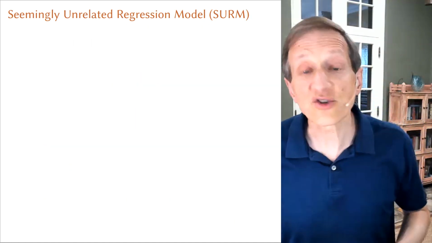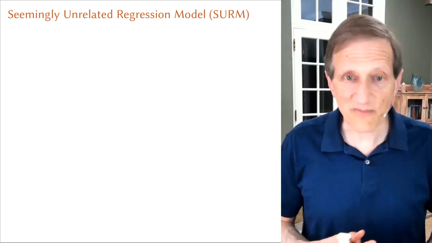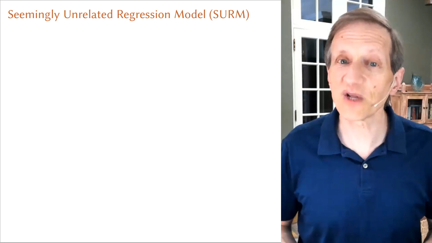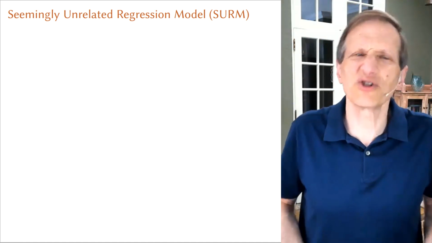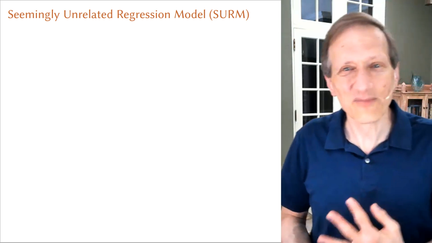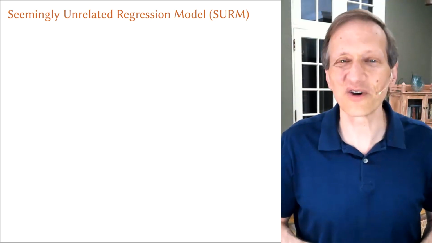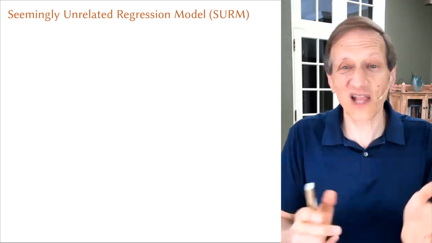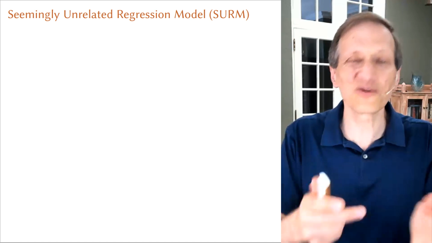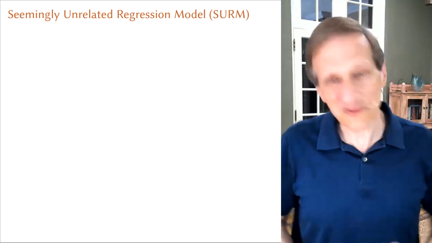Okay. All right, so now let's take that and build a specific model. The specific model we're going to build is called the seemingly unrelated regression model. I think it probably should have been called the seemingly related regression model, because the individual regressions, which in fact we're going to run, are seemingly related when you run them as separate regressions, and we don't really know how to put them together until we have the seemingly unrelated regression model.